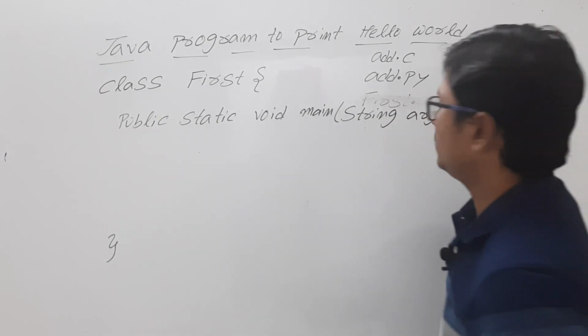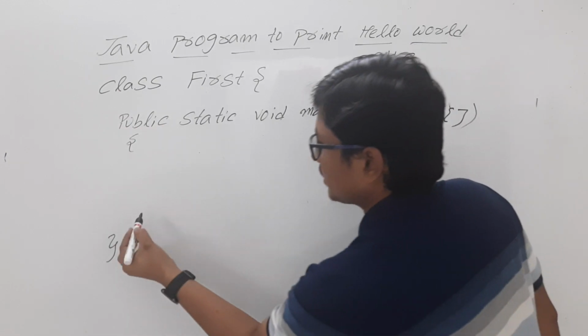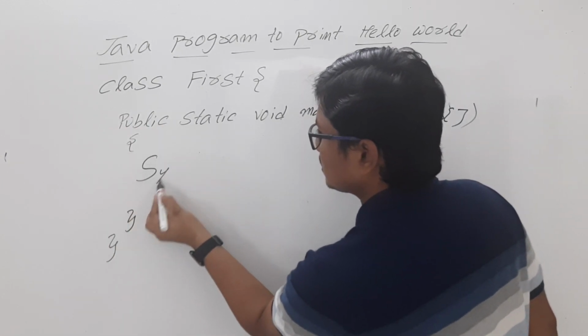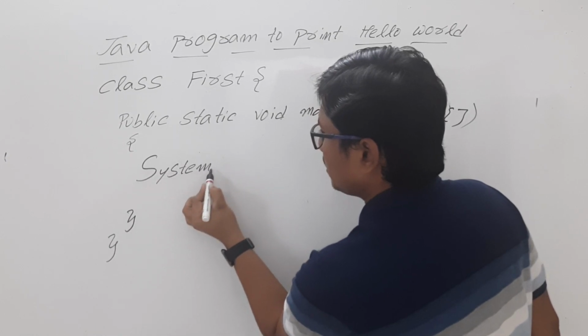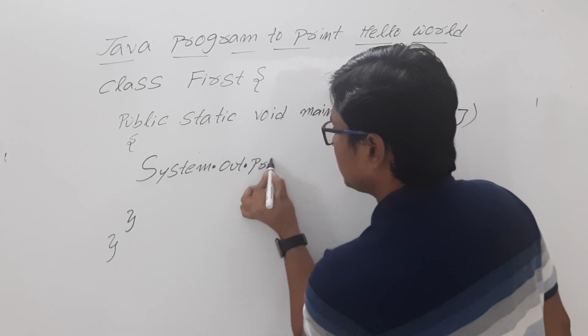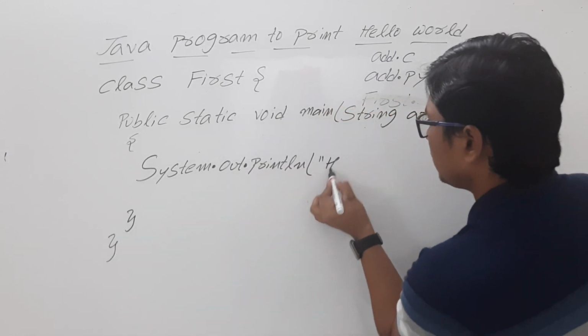Then let me write something, then I will explain it to you. We'll write System.out.println, and here I am writing hello world.